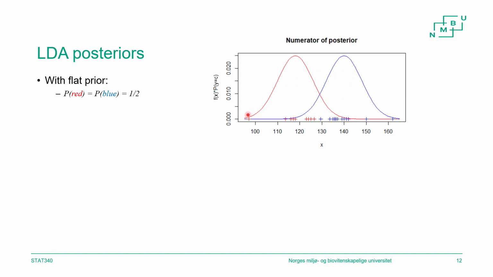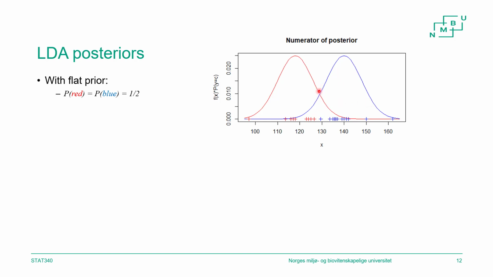So the size of this, the probability under this curve here should be the same as the probability under this curve here. They are both scaled with a half, so the area here is 1/2 and the area here is 1/2, and together they are 1, right?